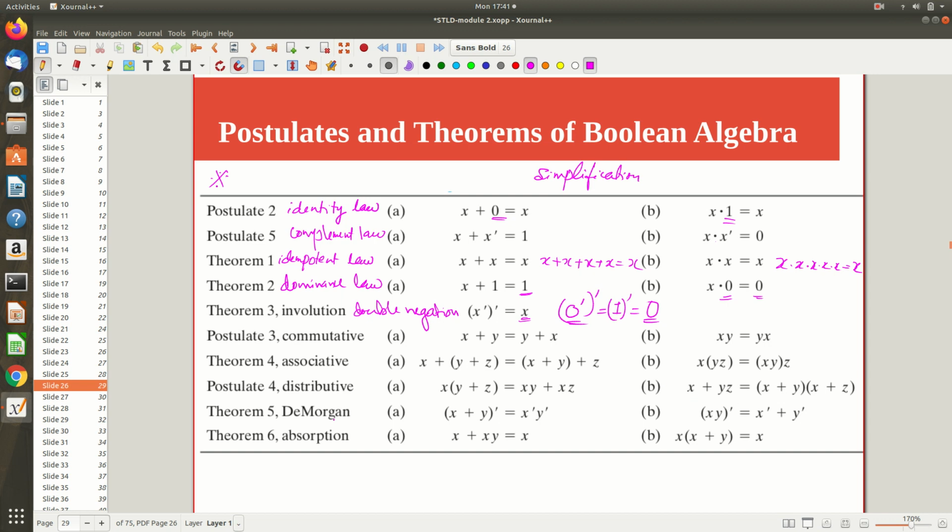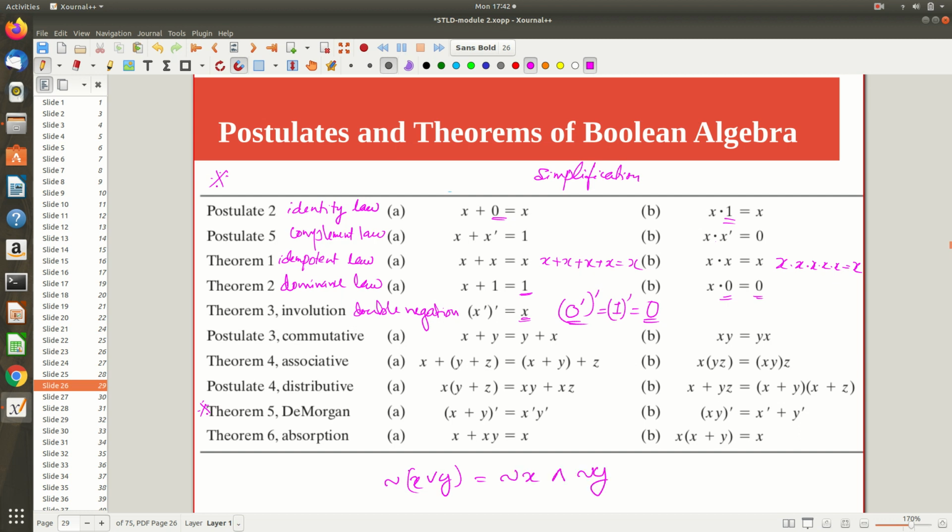Now there is something called De Morgan's law. This is a very, very important one. Again, hopefully you might know this from propositional logic. Same thing only. Maybe there you studied it like this: x or y, the whole complement, with some symbol you might have used, equals negation of x and negation of y.